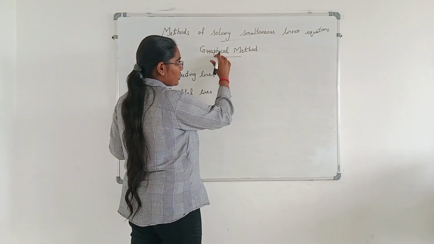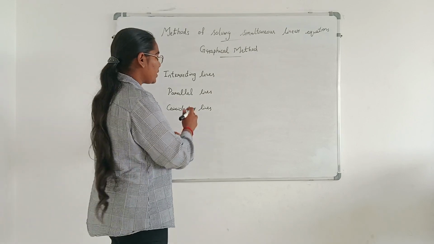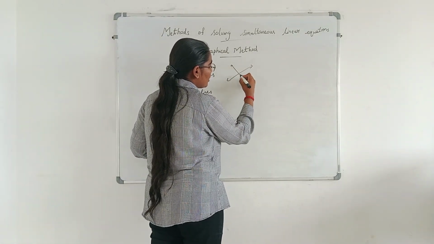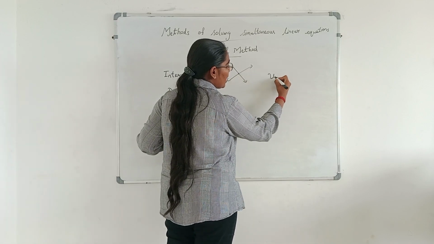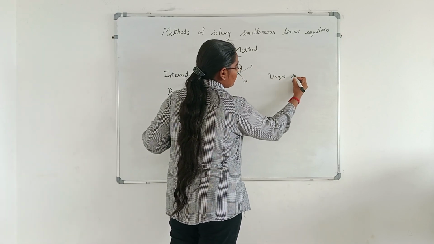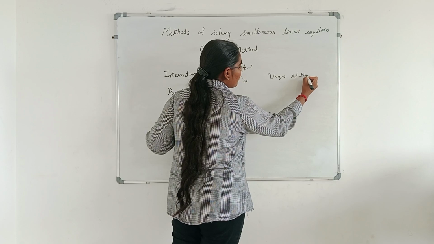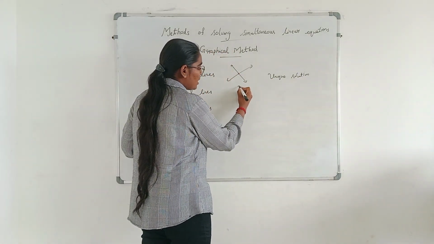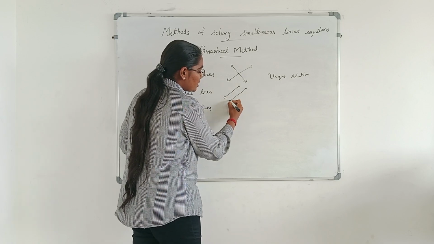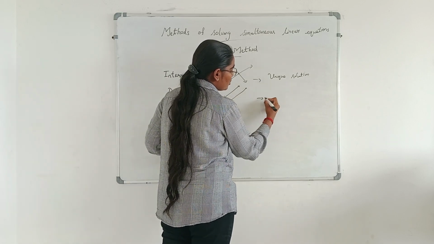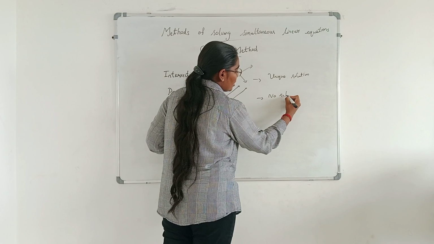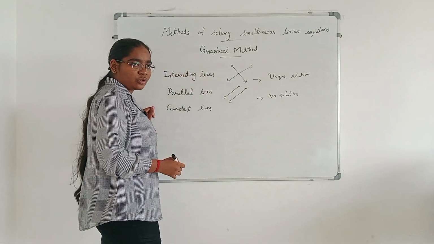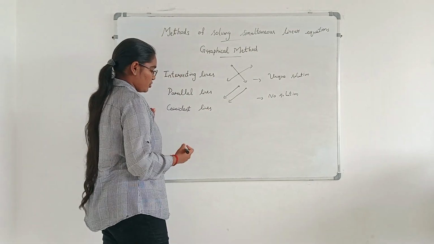So in the graphical method, if we obtain two lines which are intersecting each other at one point, then it will have a unique solution. That means one and only one solution. If the lines are parallel, then it will have no solution.